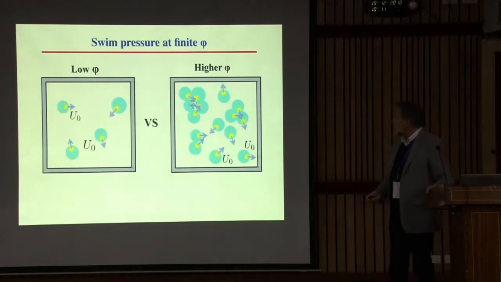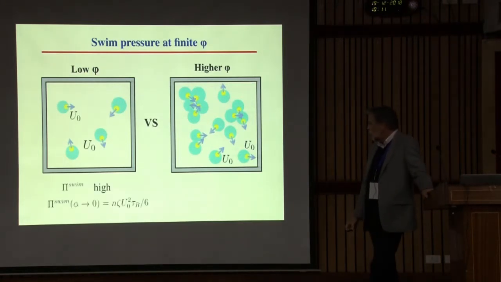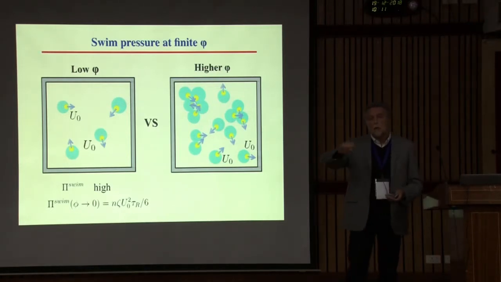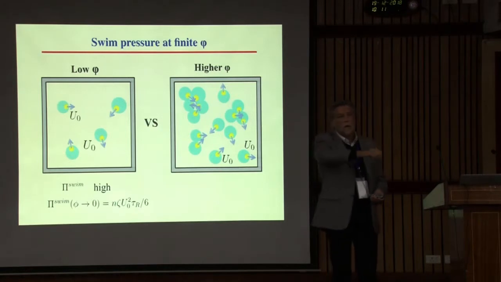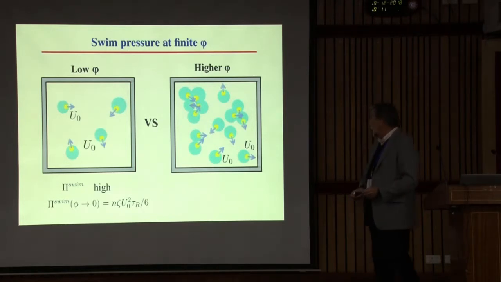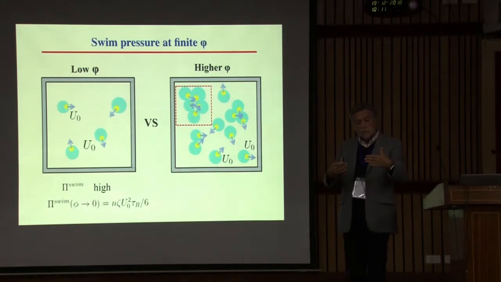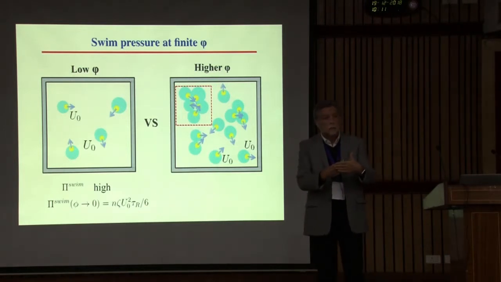So here it goes. At low concentration, here are my particles running around. I'm going to say the pressure is high. It's high in the sense that the particles can take all their steps as far as they want to go and have their full swim steps and the full swim pressure associated with that. But as I increase the concentration, let's imagine that little box of particles there, now I'm being restricted in my swimming by running into my neighbor.